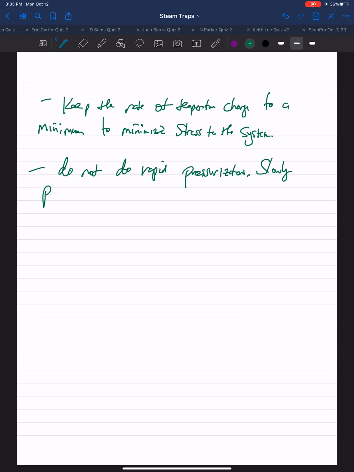Slowly pressurize systems and components to minimize stress on the system.